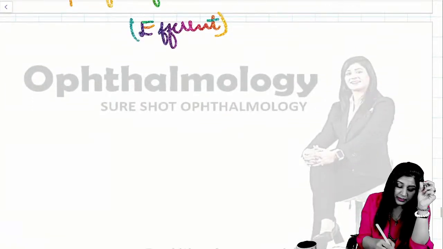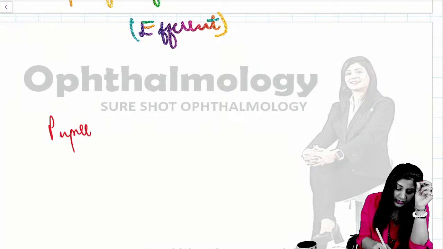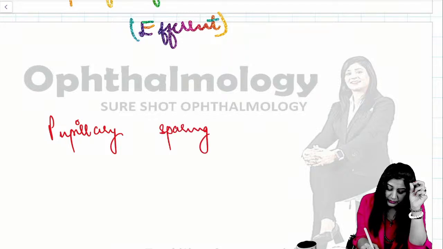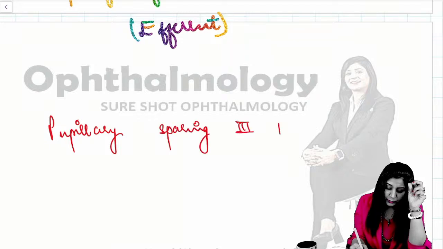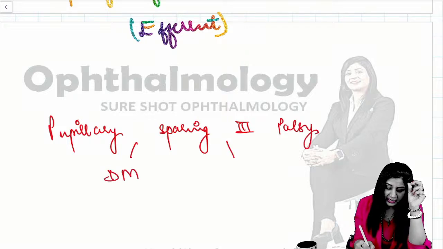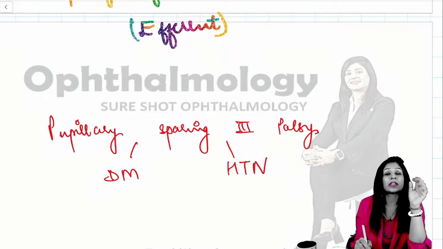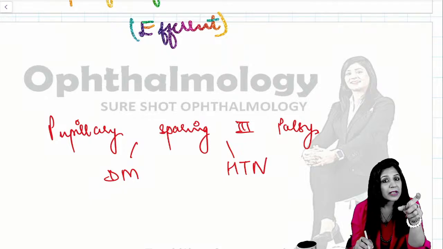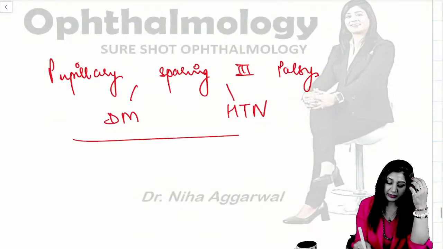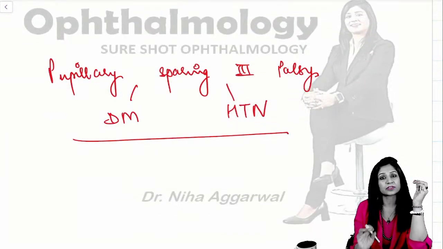But there is something called pupillary sparing third nerve palsy. Pupillary sparing third nerve palsy is found in diabetes and hypertension. You should remember this. So in cases of third nerve palsy occurring due to diabetes or hypertension, you will get the presence of the reflexes, right?